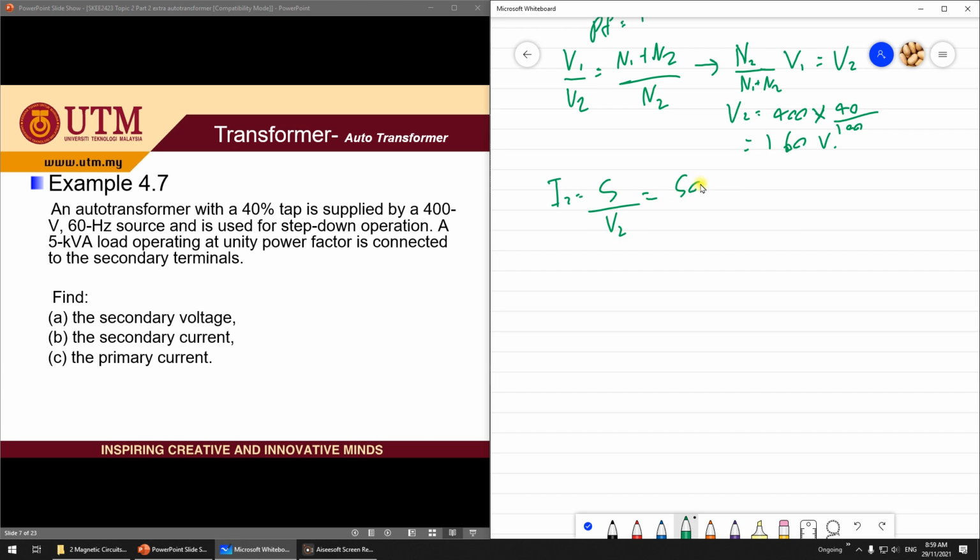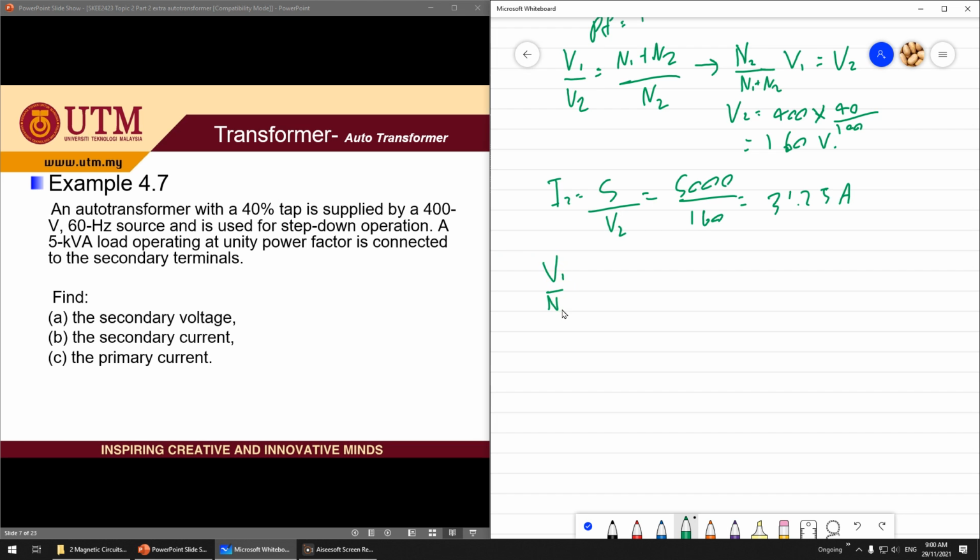S is 5000 VA, divided by V2 which is 160. 5000 divided by 160, you get 31.25 ampere.